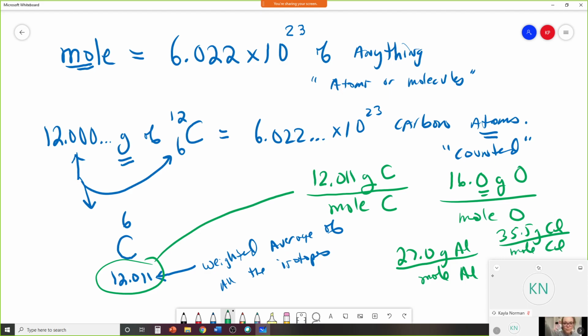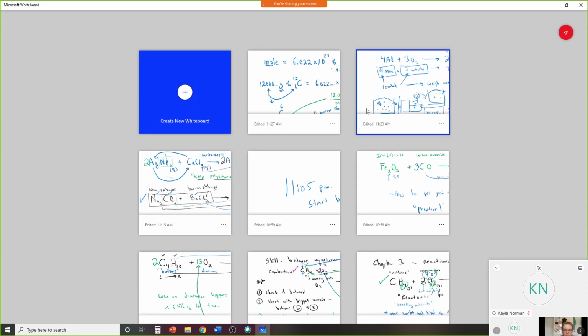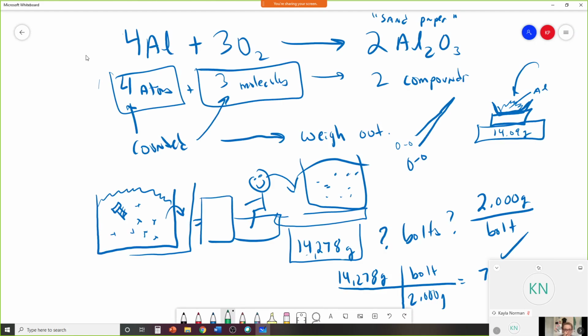And you may say, well, why do we go through all this trouble? Because now we can go back to our previous situation, and instead of saying 4 atoms of aluminum, we can now say 4 moles of aluminum.